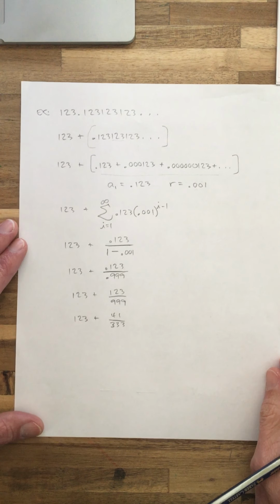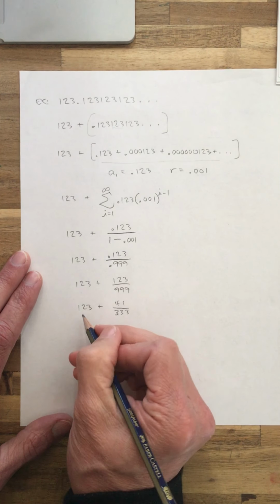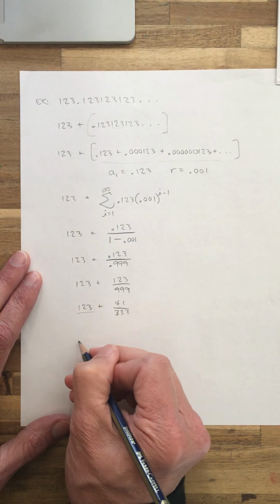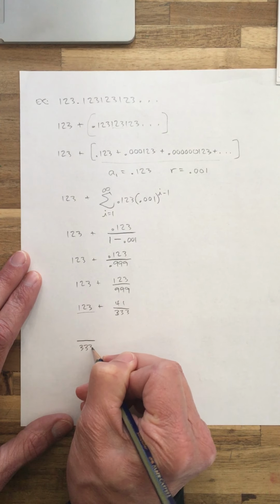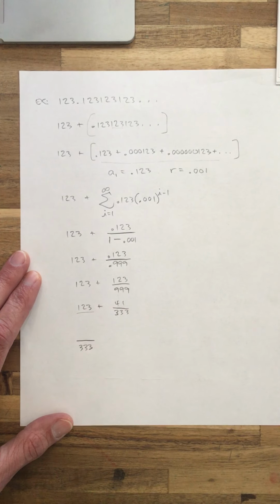Now, all I want to do is write these two together. I want to add them together. What do I need? I need a common denominator. So what is the denominator that I need under here? I need 333. To get the numerator, I have to multiply that by 333.